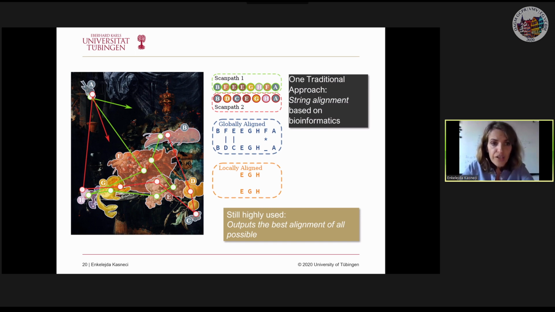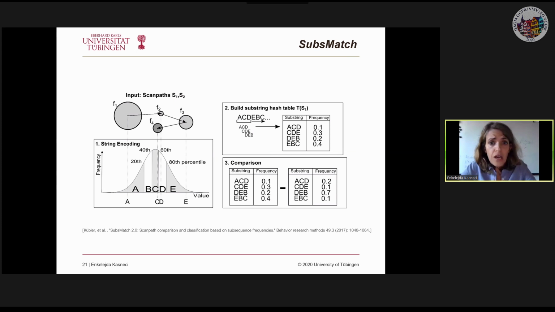It is very time consuming, and also costly with regard to computational resources. When we started to work in this area, we proposed a method called SubsMatch, which I'll just briefly mention here. Meanwhile three years old, it works very nicely, especially to find sub-patterns that are typical for scan paths.